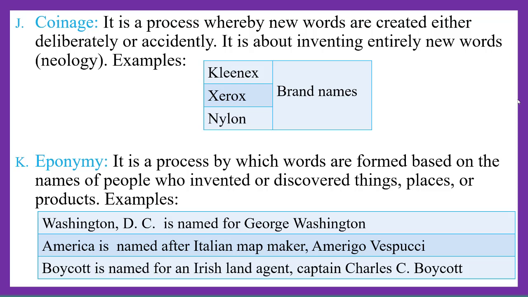America is named after the Italian map maker Amerigo Vespucci. Boycott is named for an Irish land agent, Captain Charles Boycott. So these people invent things, places, products, or discover something, and then they name those things after their names. Okay.